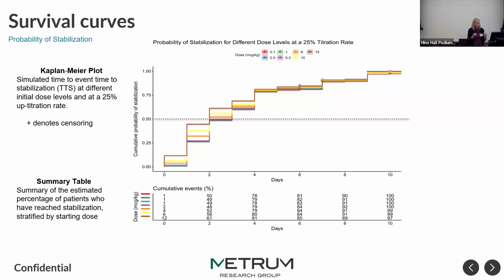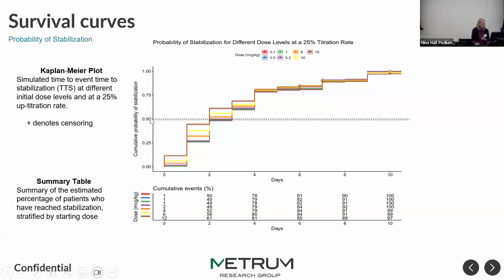When we have our simulation code in place, we can create these survival curves, or Kaplan-Meier curves. If you recall, the simulation question we're trying to answer asks: what starting dose and what titration rate do we need to achieve stabilization in at least 50% of our population in less than 12 days?